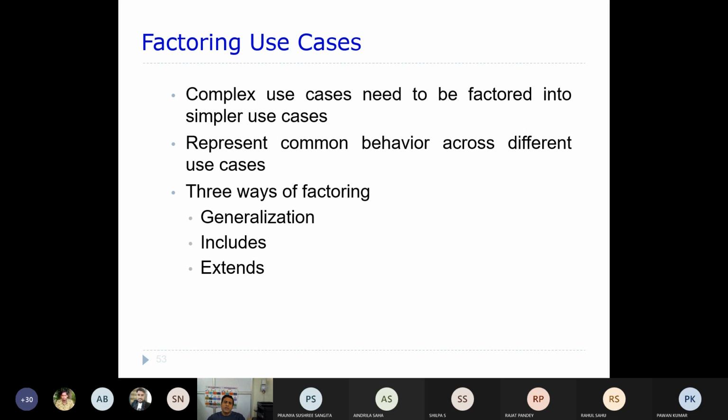In that case, you make that behavior a common behavior and separate it out, so that it shouldn't be part of all of these use cases. That is what we are trying to do. Here we will see three different ways of factoring: generalization, include, and extend. These are the three different ways we factor out use cases.